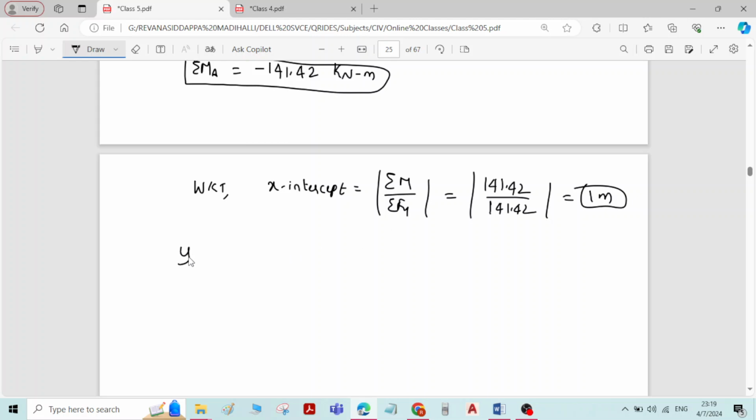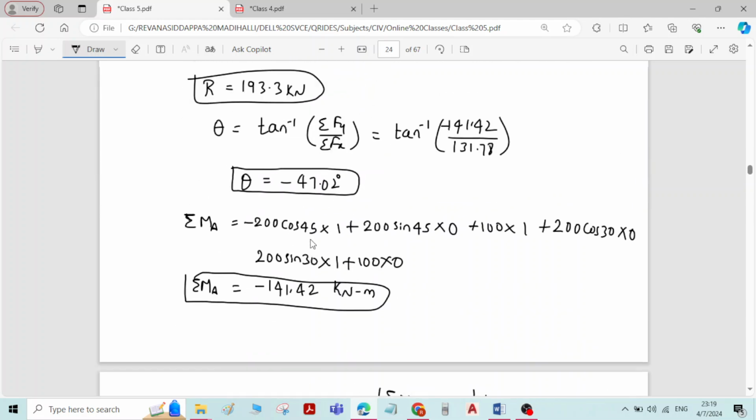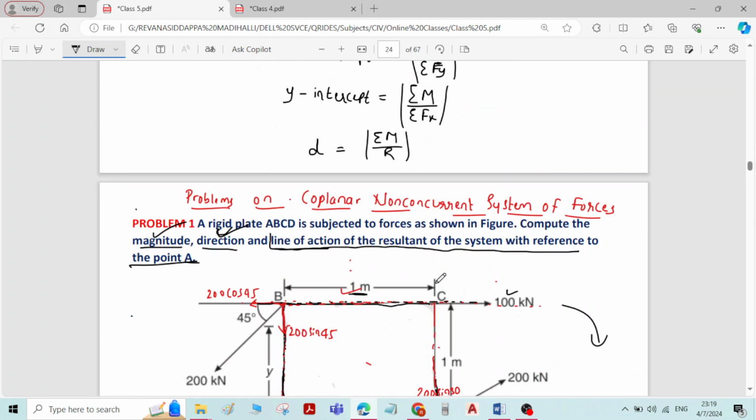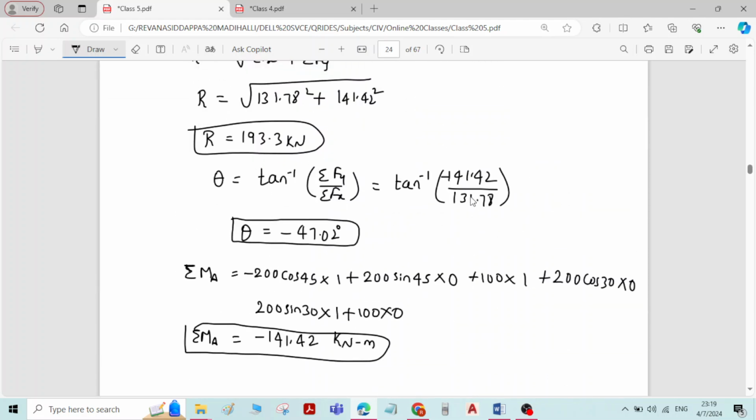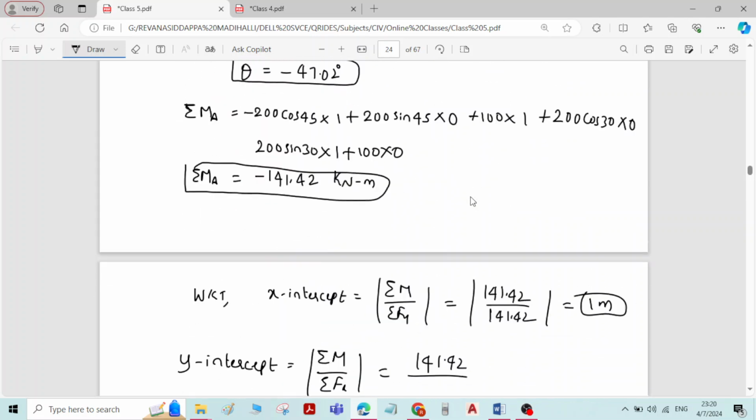Then the y-intercept. What is the y-intercept formula we have? Sigma M by sigma Fx. Sigma M is 141.42 divided by the sigma Fx we got, which is 131.78.